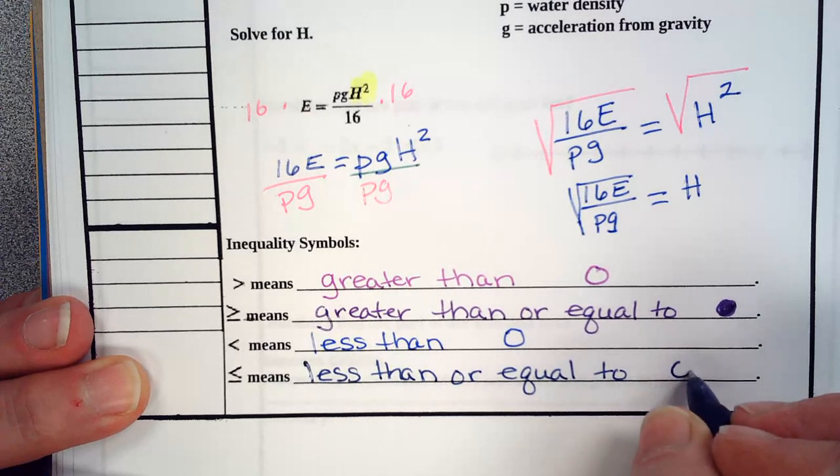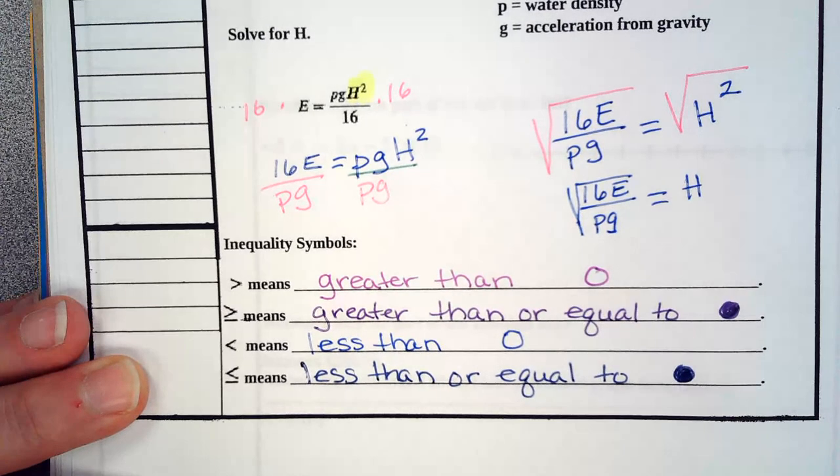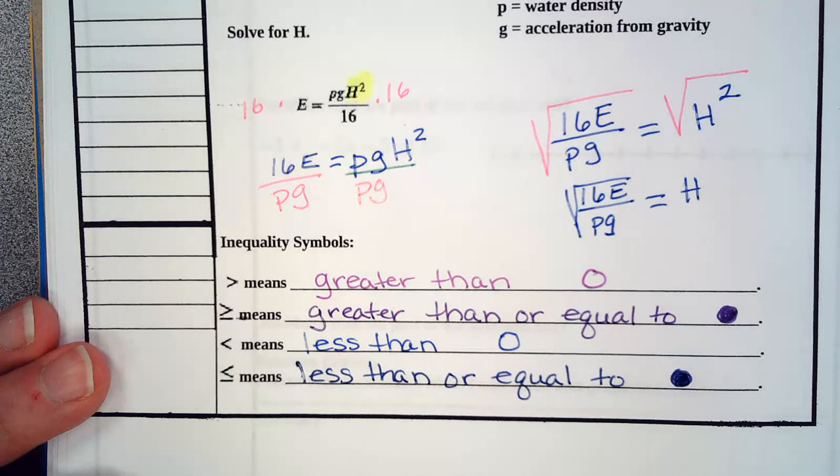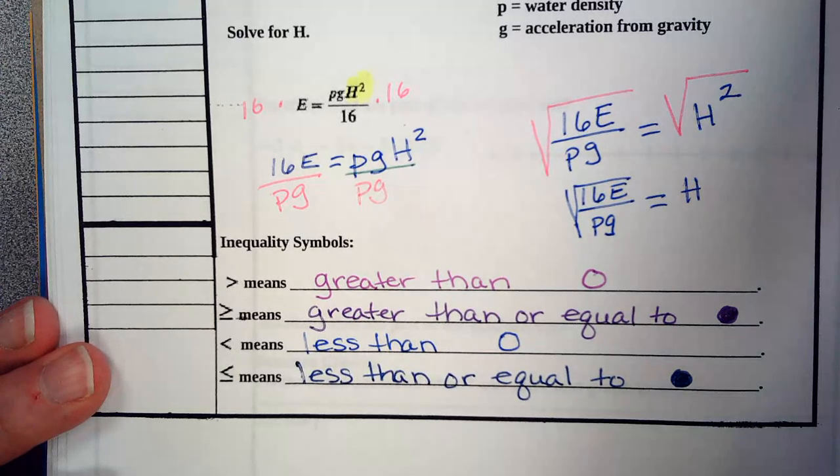Once again, this will be that closed circle. Hopefully this was just a quick review and you knew what the symbols meant. So now how do we apply this?